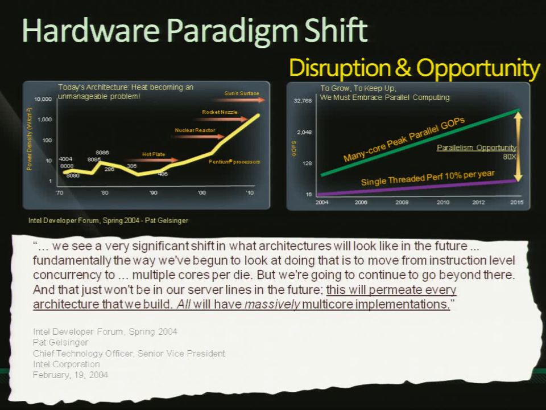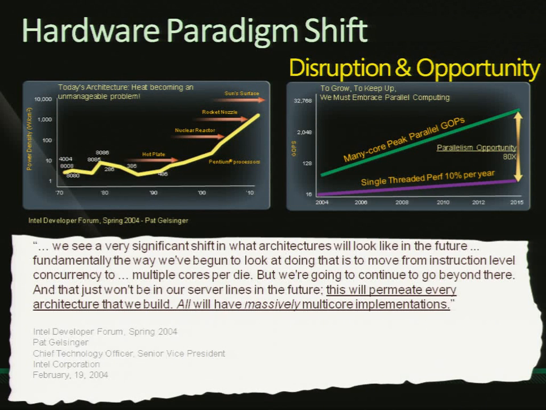So as a software developer, someone trying to get better bang for your buck out of software, make your company money, whatever it may be, imagine that we did get 10% per year, the best we could possibly hope for. That's that purple line. And then we were able to continue ramping up our operations per second with parallelism, that's that green line.